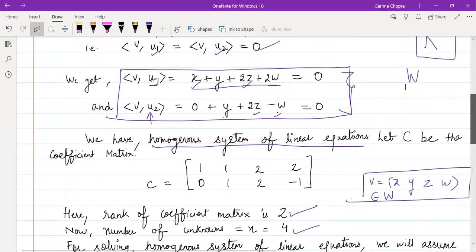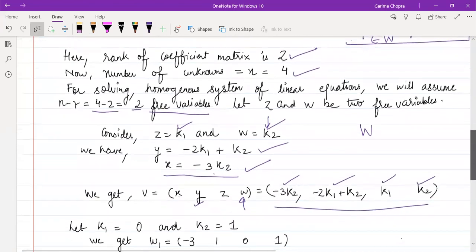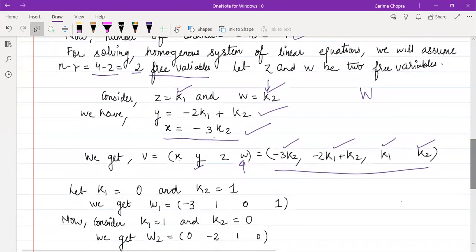We will be finding two independent vectors, two independent solutions of this homogeneous system of linear equations, and that will form the basis of subspace W, this orthogonal complement W. So here, by considering suitable values of K1 and K2, we will be finding two independent vectors from this subspace W. We are considering K1 as 0 and K2 as 1.